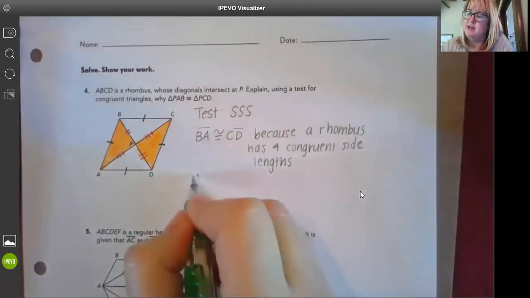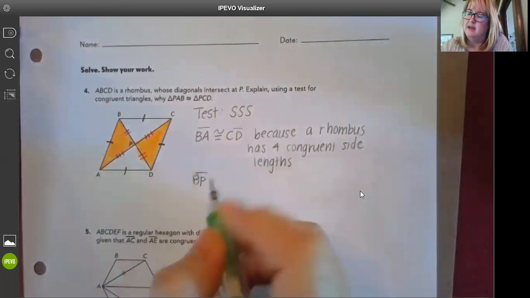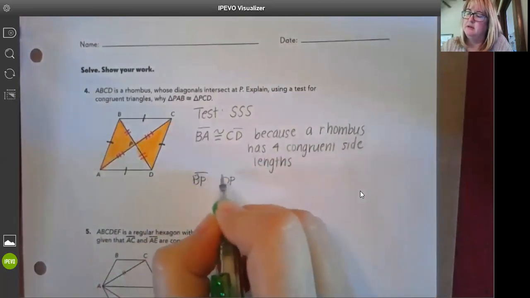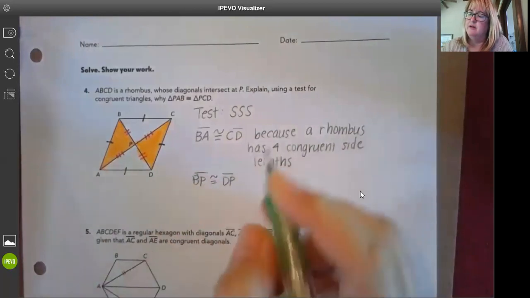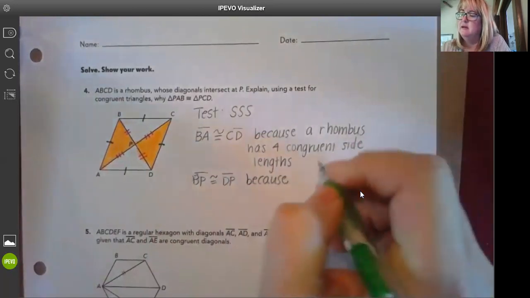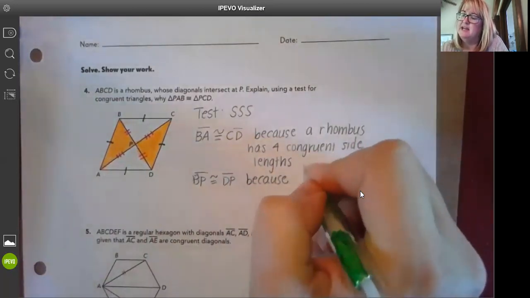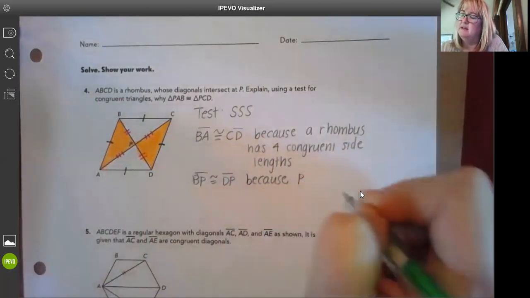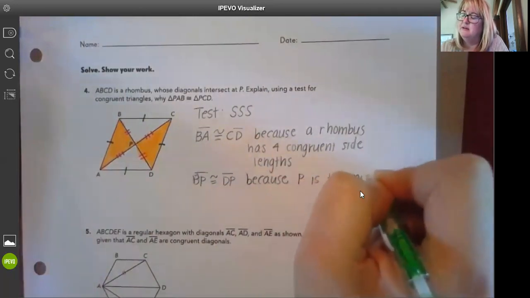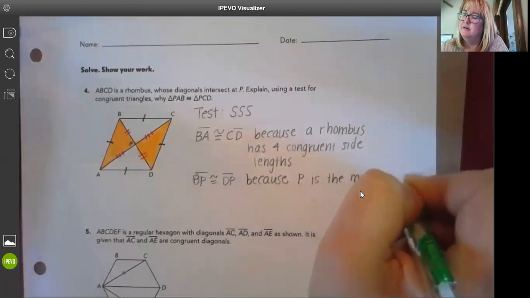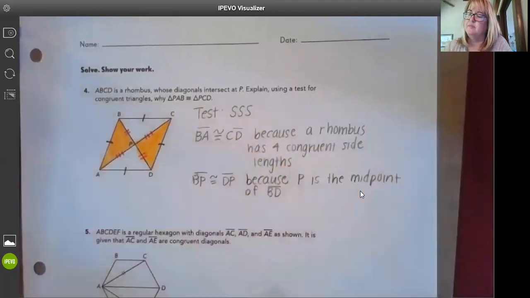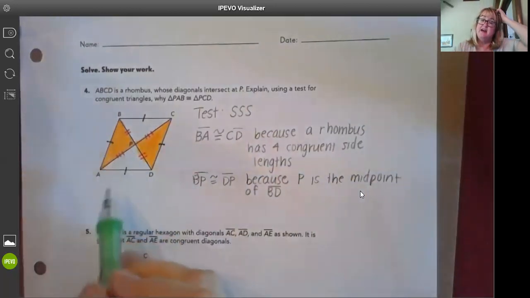We know that BP and DP are congruent because P is the midpoint of BD. Okay, so it cuts it in half.